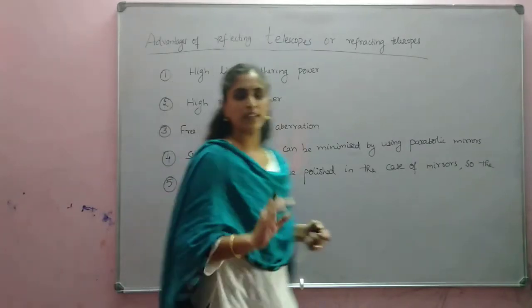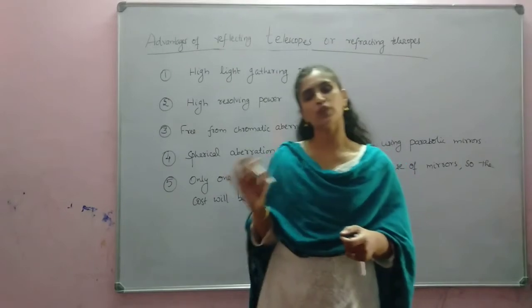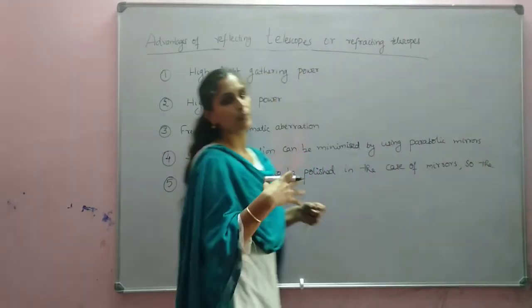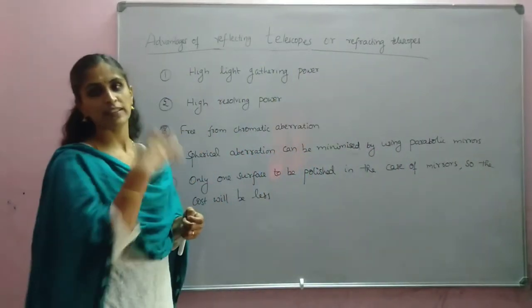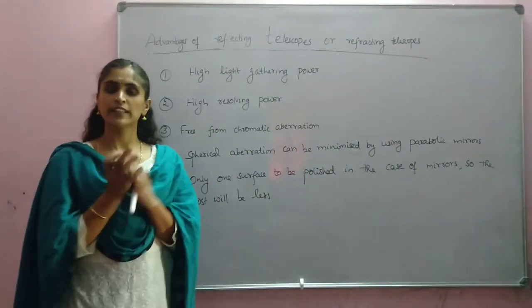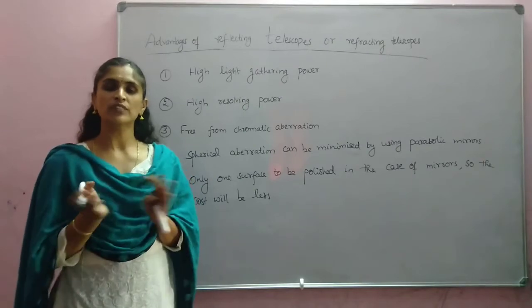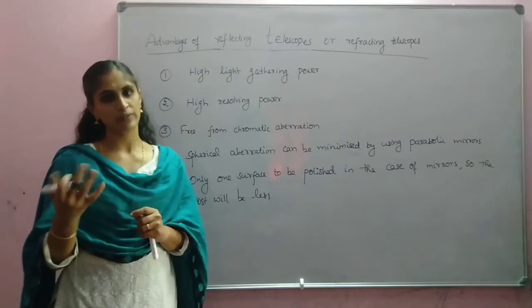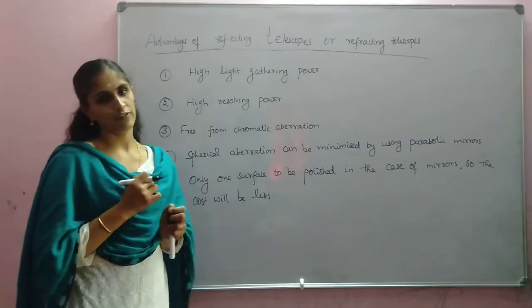In the case of mirrors, we have to polish only one surface, so automatically the cost will be less in comparison with a refracting telescope, where we are using lenses and both surfaces have to be polished, so it will be costlier than a reflecting telescope.